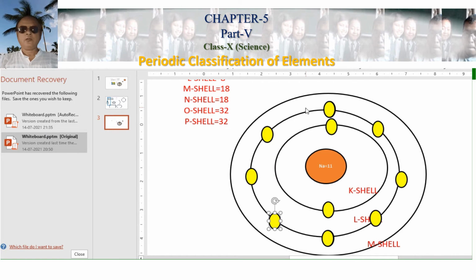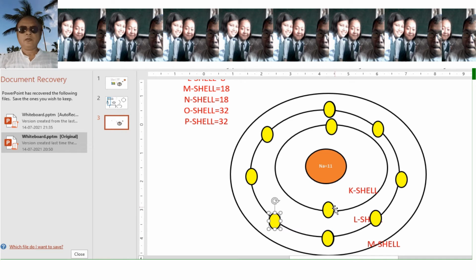So in the K and L shells, there are 10 electrons in total.